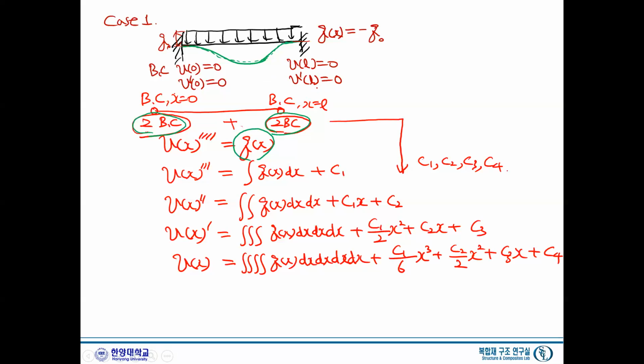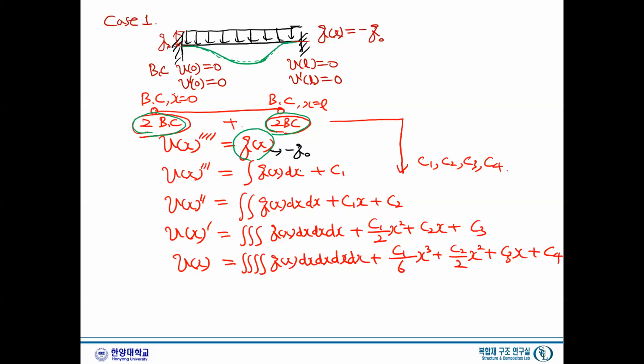Now we follow these steps. I don't want to rewrite, but let's just simply follow this equation. So q(x) equals minus q0. So here, minus q0.